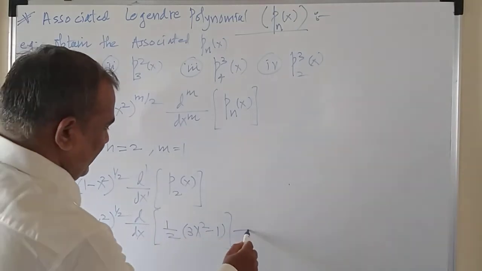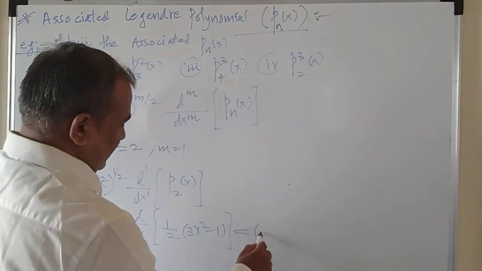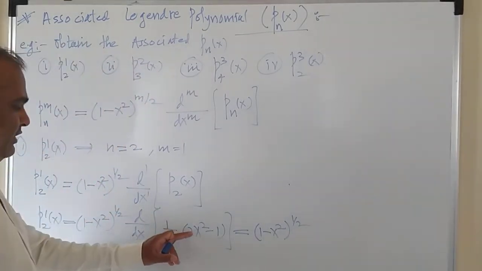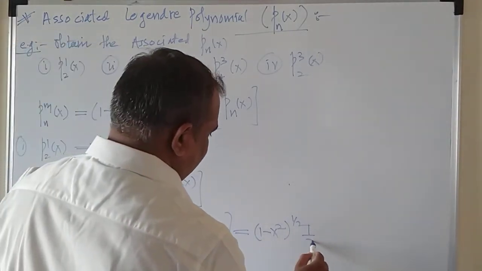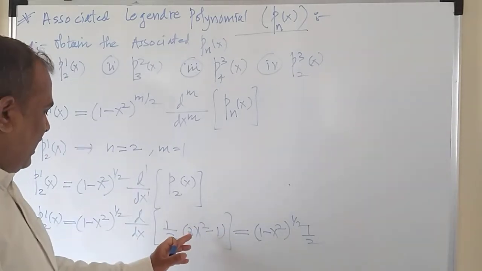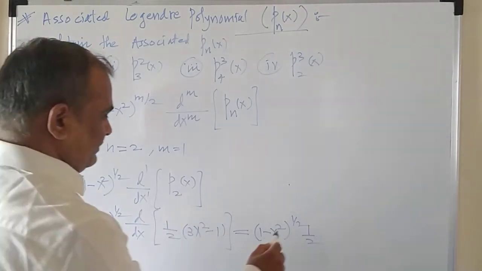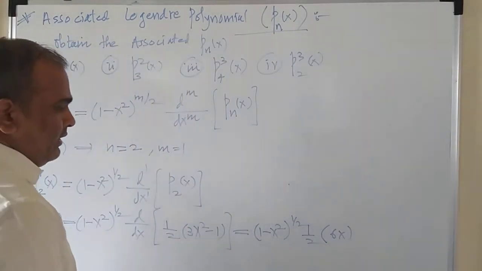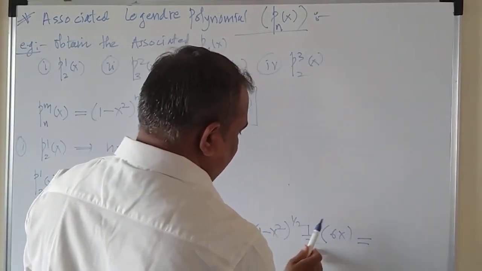So this will be equal to 1 minus x square raised to power half into its derivative. So 1 half is constant and the derivative of 3x square minus 1 will be equal to 6x, into 1 half, so this becomes equal to 3x.